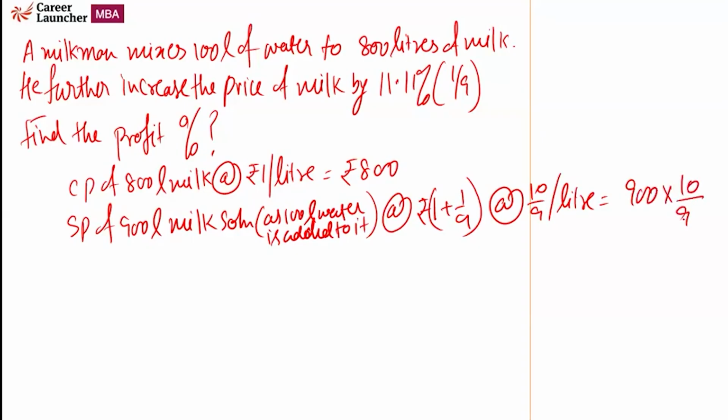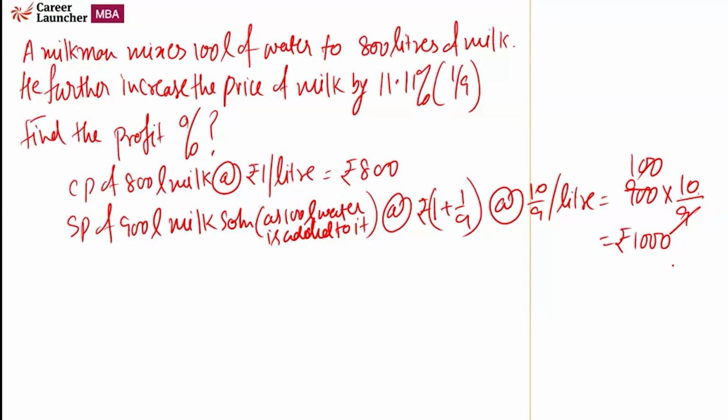You are selling it at 10/9. This cancels out. You will say you will make 1000 rupees. कितना बनाएगा पैसे? I bought it at 1, I'm increasing the price by 1/9. 1 plus 1/9 is 9 plus 1 is 10/9. Is it fine? Sure. So 900 liters because 100 liters of water is added.